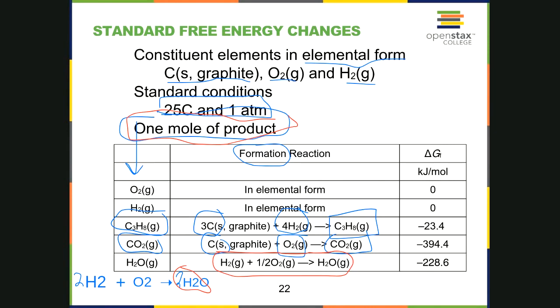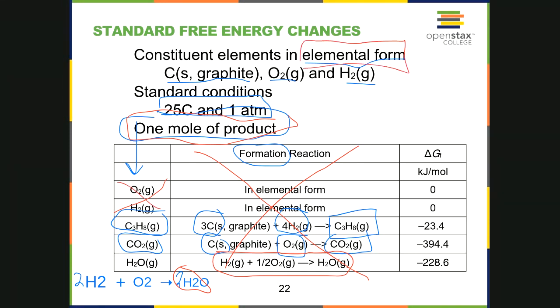Why that's important is that in a table of these values, this middle section is just not going to be there. They're not going to show you what a formation reaction looks like. They expect you to know what they're going to be. Now there is one other issue, and that is that a table of free energy of formations would not have anything for the hydrogen and the oxygen because they're already in their final form.